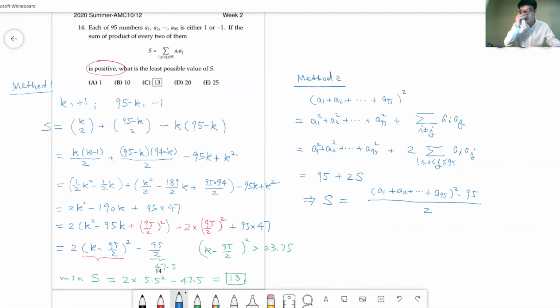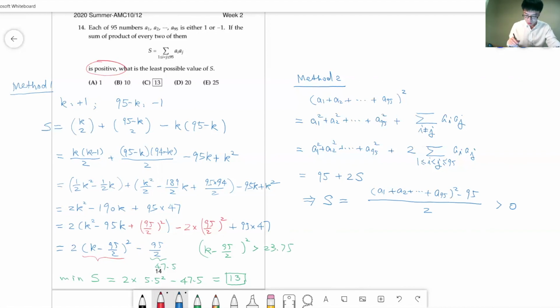And we see that we need to have S positive, right? That means the square of the parentheses is larger than 95. And because 95 is an odd number, we have 95 terms, if some of them are positive and some negative, this sum is also an odd number.